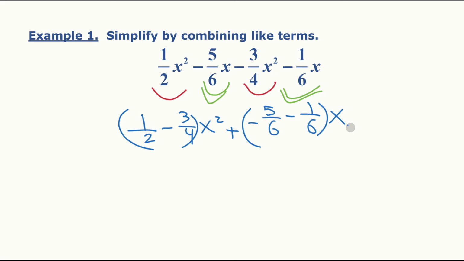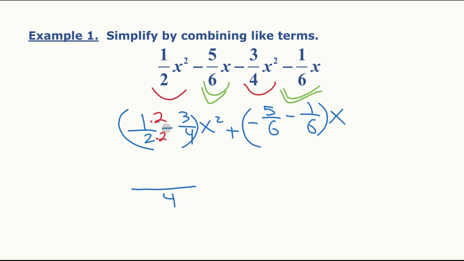Okay, so in here we have two unlike fractions, so we need to go ahead and find the common denominator, which we know is 4, and of course this 2 is going to have to get multiplied by 2, and the same with that 2.